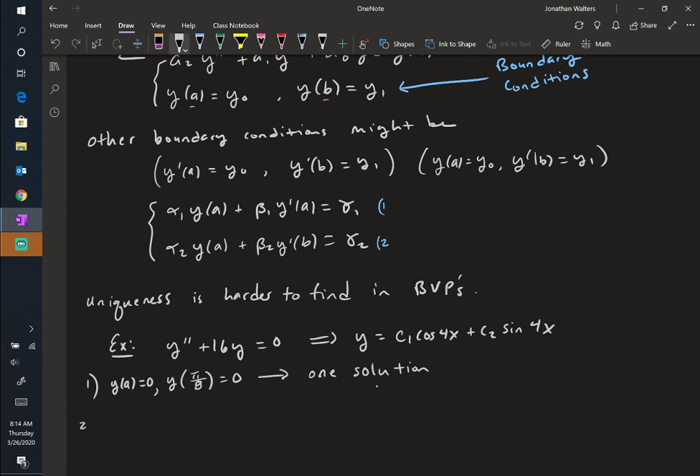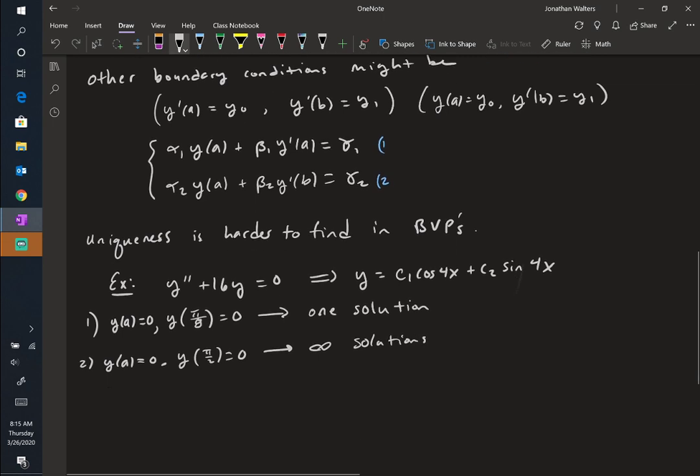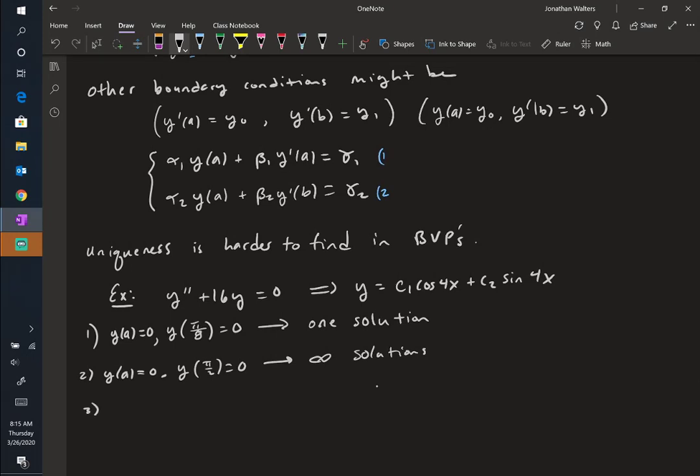Let's say the second one, you have y of a, just some number, equals 0, and y of pi over 2 equals 0. Then you have many solutions. And then number 3, if you have y of a equals 0 and y of pi over 2 equals 1, that would give you no solution.